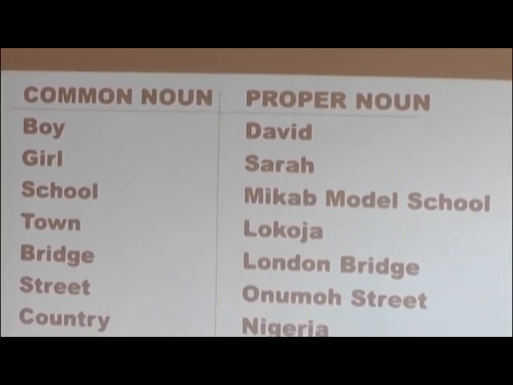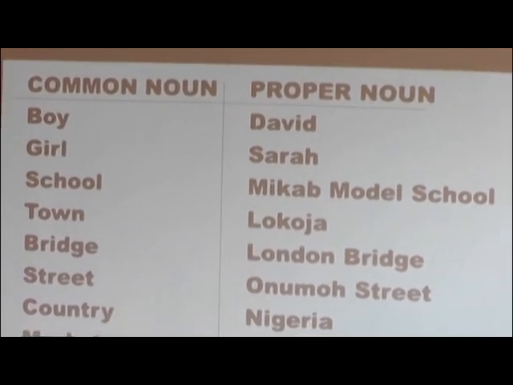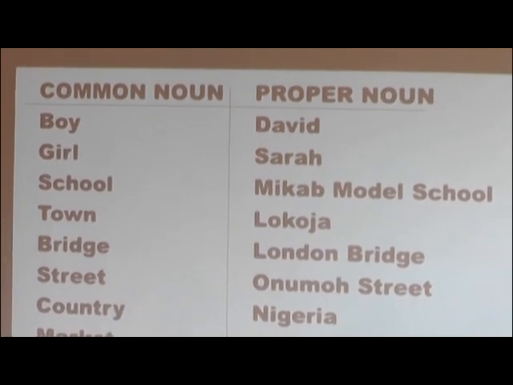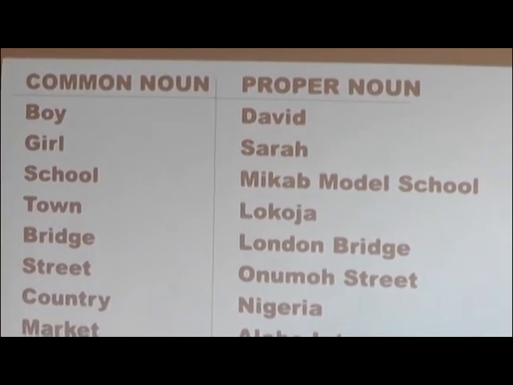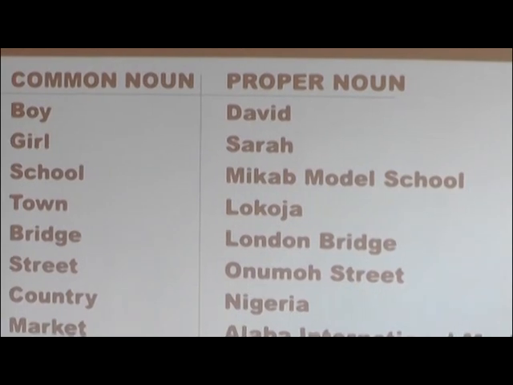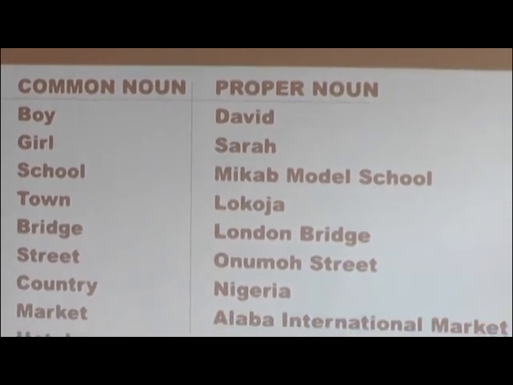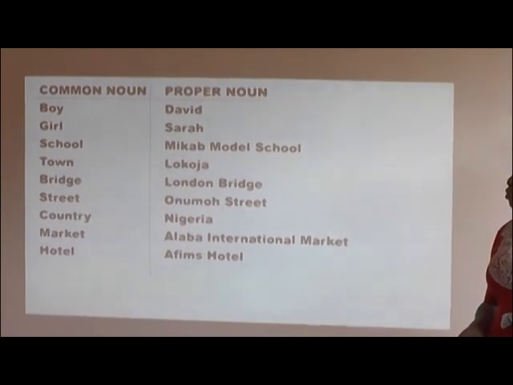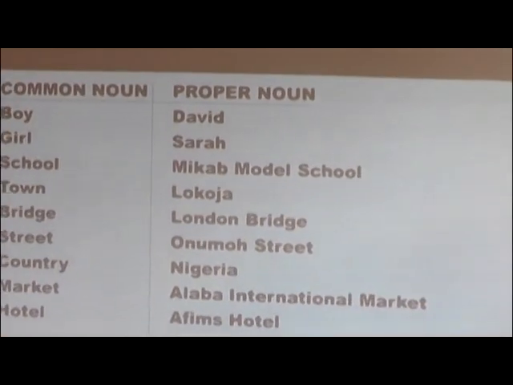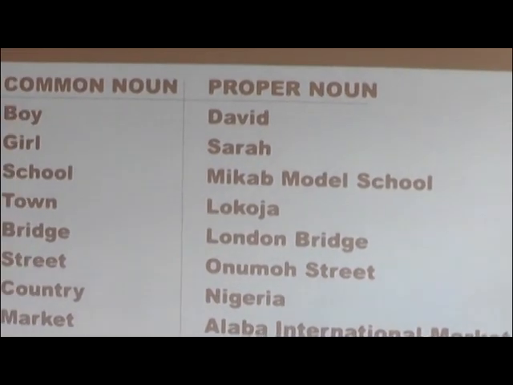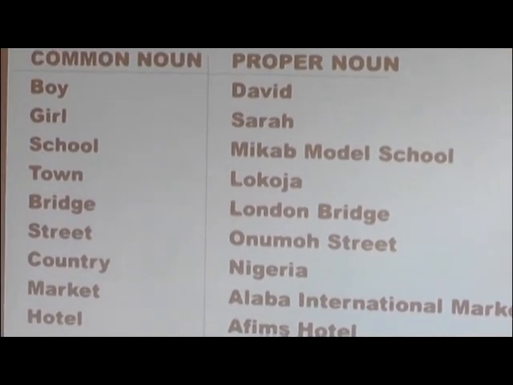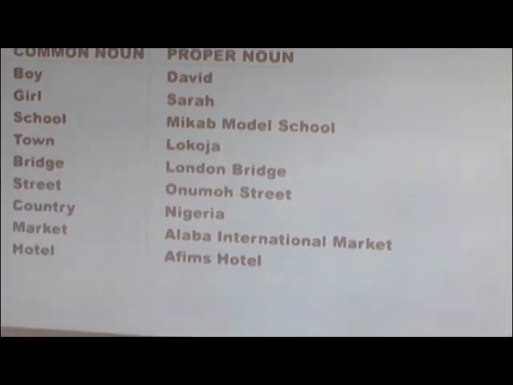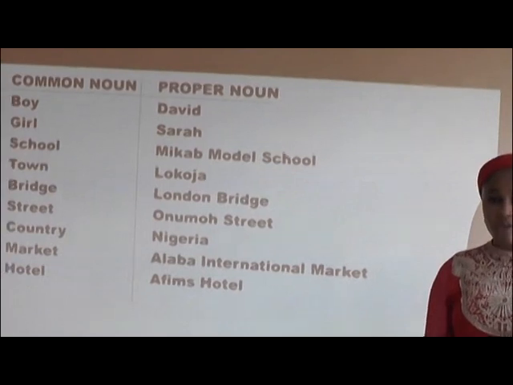When I say I'm going to the school, you may not know the school I am going to until I mention the name of the school. That name of the school is what? A proper noun. And that is why on the table there, we have school, and the name of the school is Mikab Model School. We have town, we know very well that we have so many towns. But now we have specified a town, which is named Lokoja.